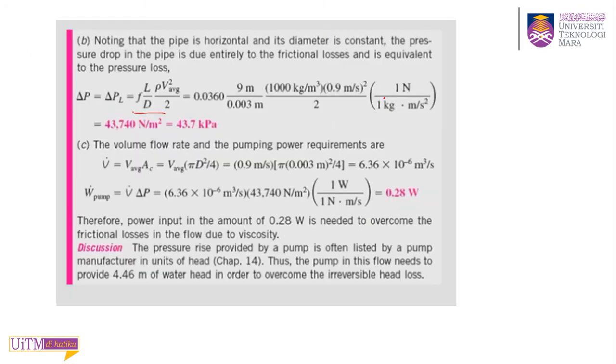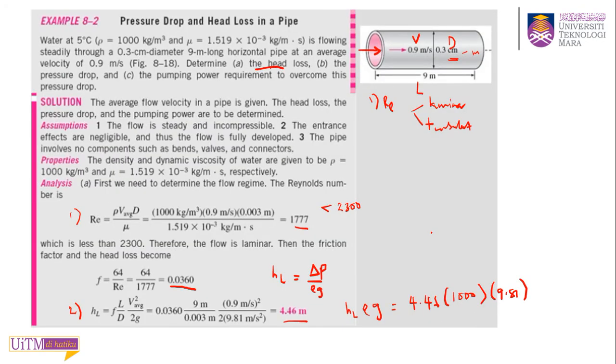It should give you the same answer, 43.7 kilopascal, for 4.46 times 1000 times 9.81, and this is 43.752, or 43.7 kilopascal.